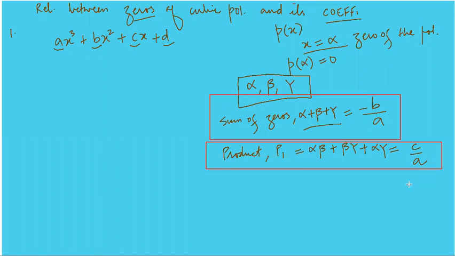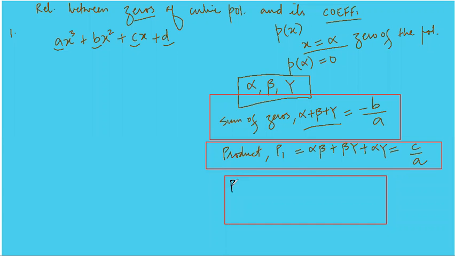This is my second relationship between the zeros and coefficients of a polynomial. And my third one, I will write here. This is my third relationship.